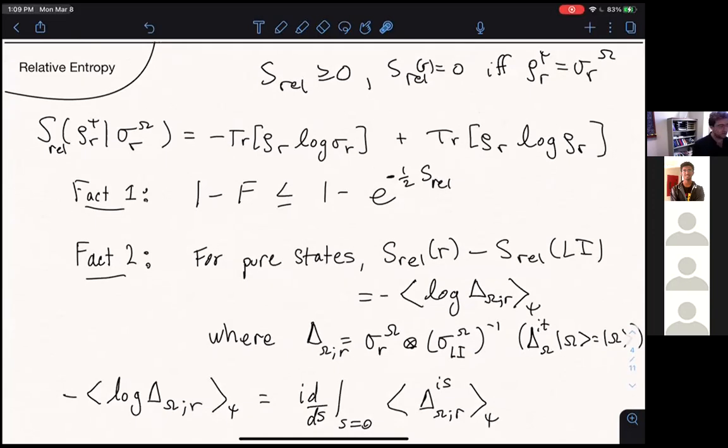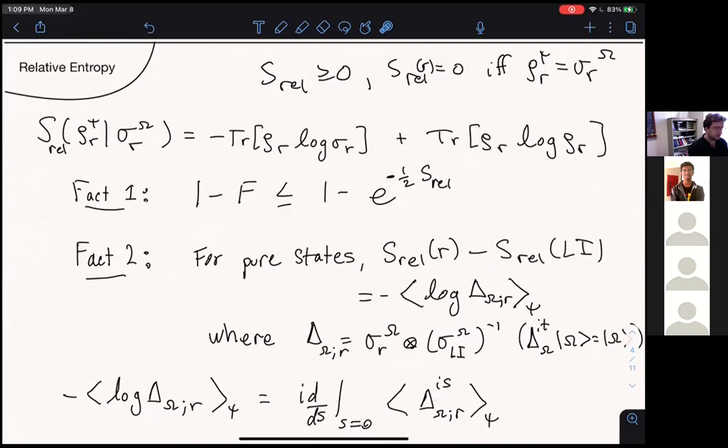A question, Adam. Mm-hmm. So fidelity is symmetric in the two states, but relative entropy is not. Correct. So fact one is true for either order of relative entropies. And the fact two that you're using uses a particular relative entropy.